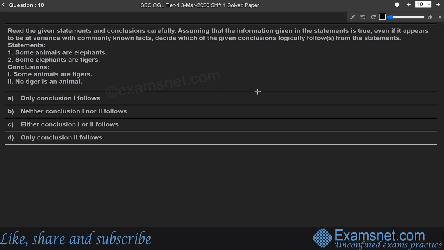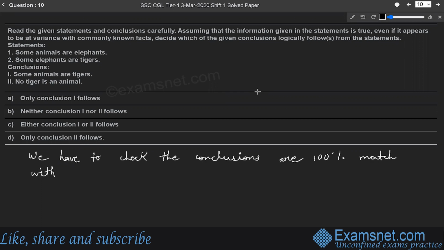Okay. So in order to get the right answer for this question, we have to use a very, very basic concept here. And the concept is we have to check whether the conclusions are 100% match with the statement, and in any case, if, for example, the conclusion is 100% match with the given statement, then the conclusion is said to be true.